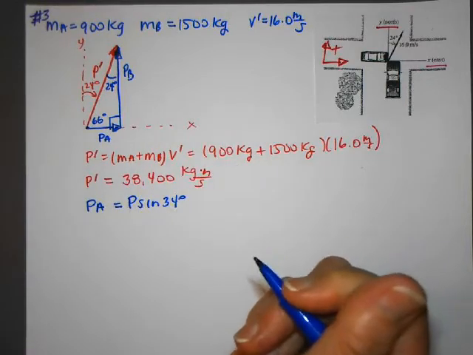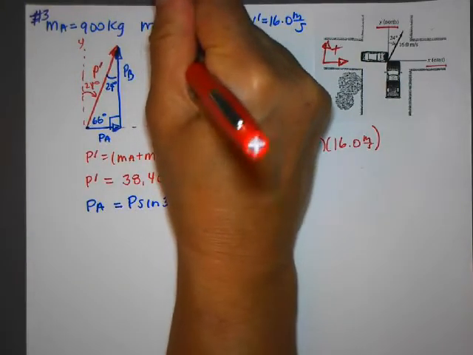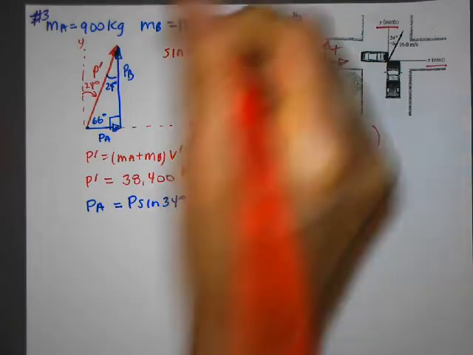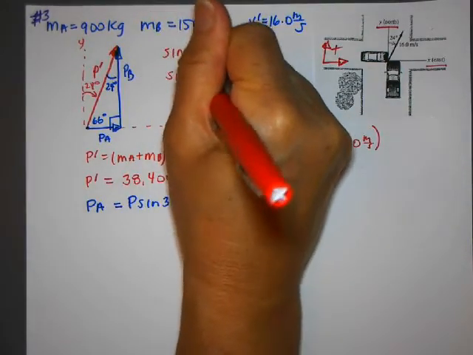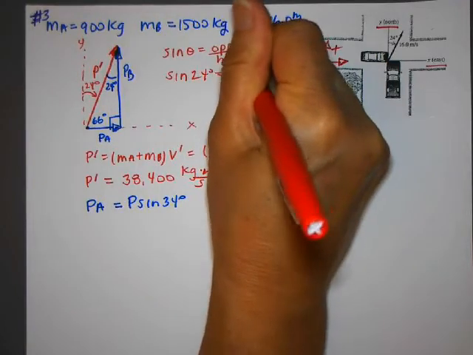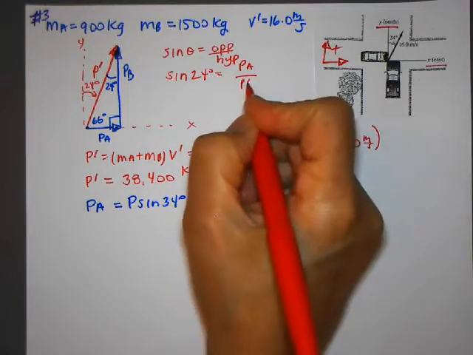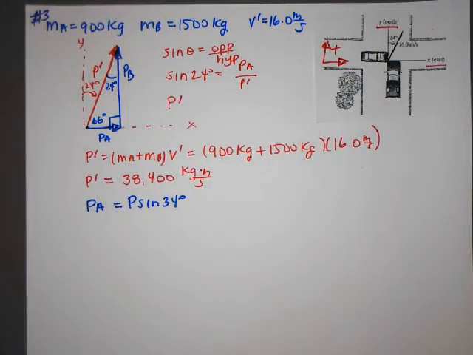And if I went too fast, remember, if I'm looking at a right triangle, I know sine of theta is opposite over hypotenuse. So I could say sine of 24 is equal to the opposite, PA, over the hypotenuse, which is P prime. If I move this to the other side, P prime, and I forgot the prime here.